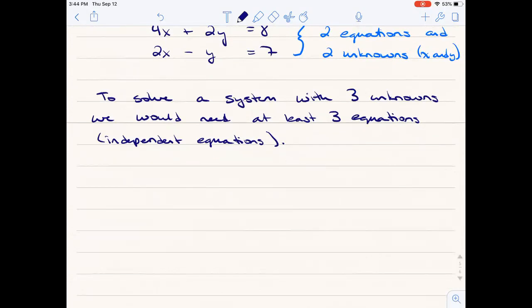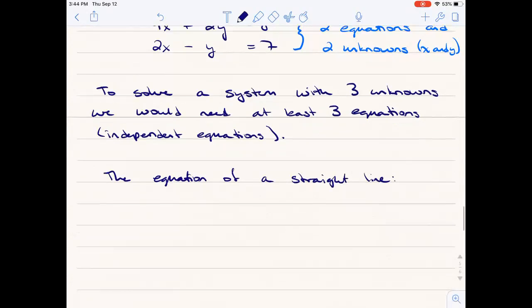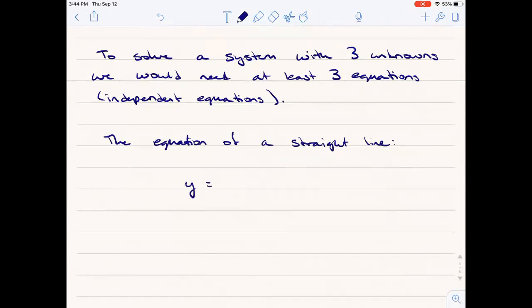Do you guys remember the equation of a line? The equation of a straight line, typically, I think in high school, they use y equals mx plus b. Where m is the slope because it's attached to the x, and b is the intercept.